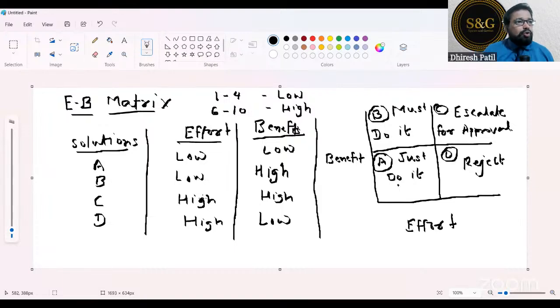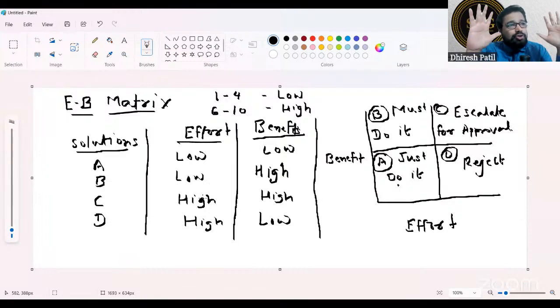Clear? So ABCDs are nothing but the solutions which we have generated in the idea generation, which I discussed in the beginning. To define solutions we can use SCAMPER, we can use brainstorming, we can use the list which I have given, the six thinking hats.